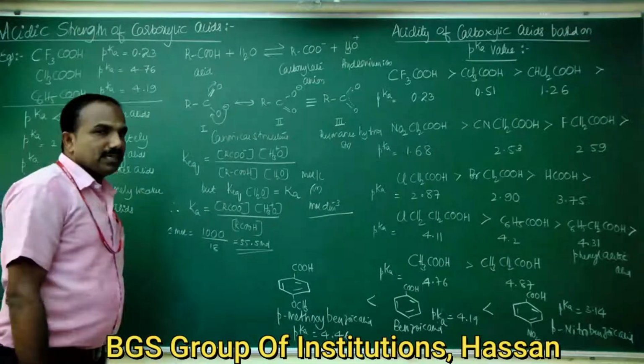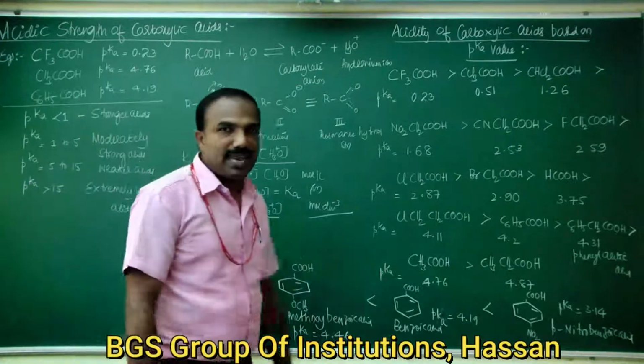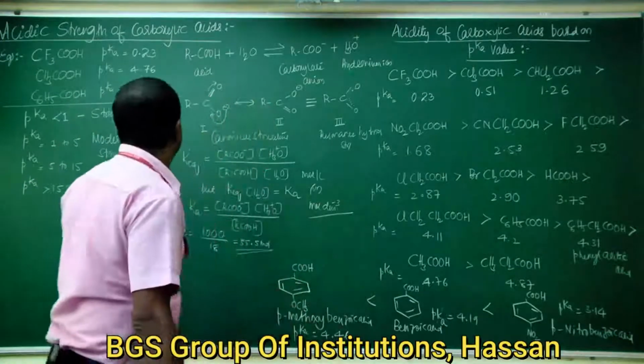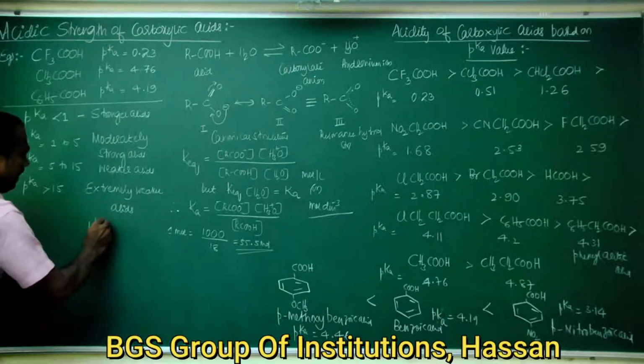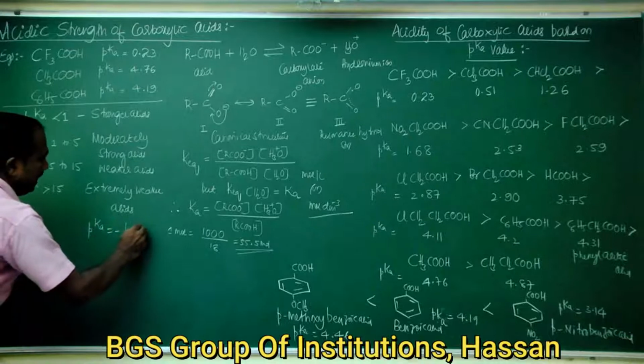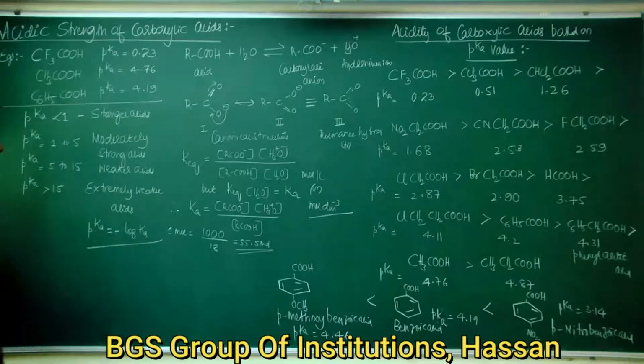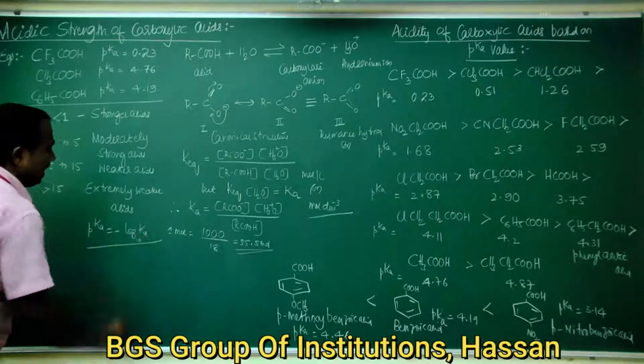Ka is the dissociation constant of a weak acid. Therefore, Ka is expressed in terms of pKa. pKa is nothing but the negative logarithm to the base 10 of Ka.